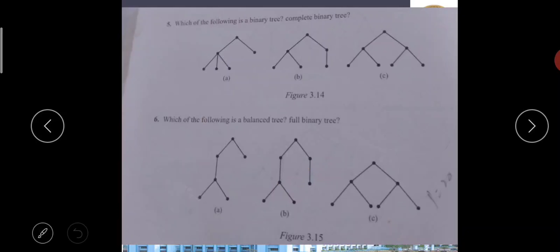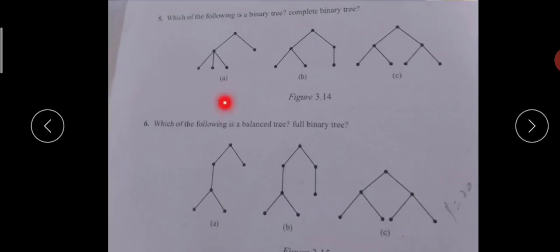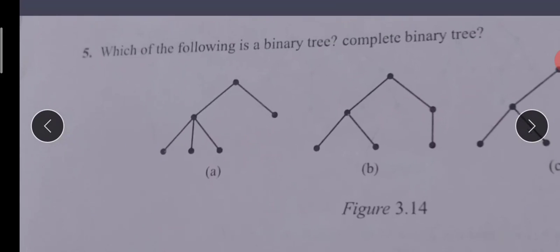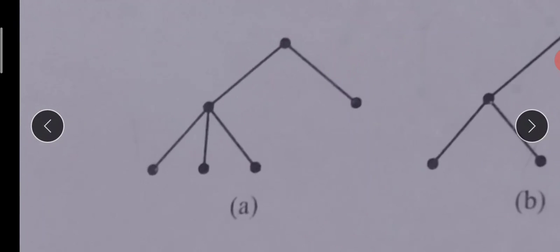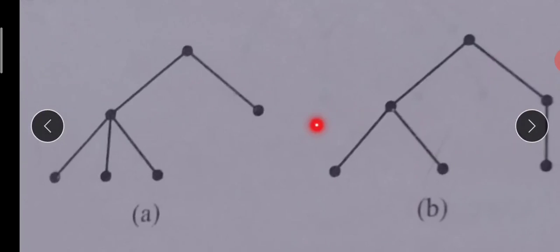Next, which of the following is a binary tree, a complete binary tree, or neither? The first one is not a binary tree, because one node has degree 3. The binary tree definition says every node's degree must be less than or equal to 2.